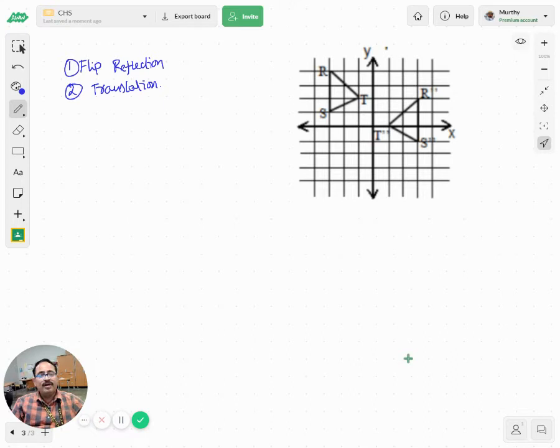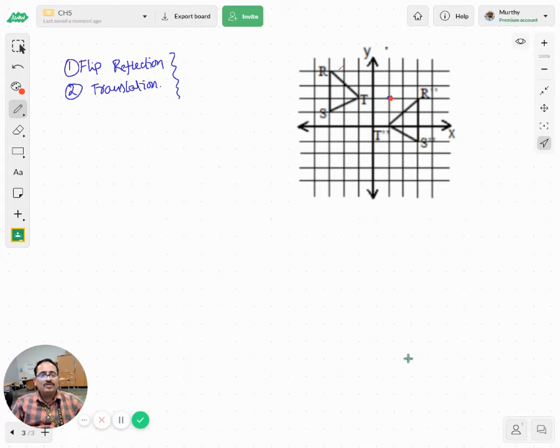So let's take this way. I would say that this one is flipped. So this is a combination, a sequence of transformations. You can see that. Let's say that this one is flipped. So when this one is flipped, you'll get, let me mark this one here, T prime.